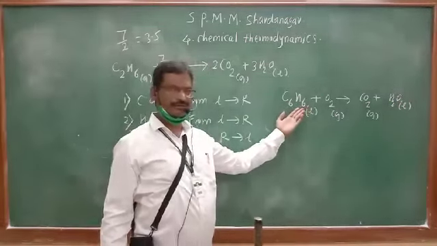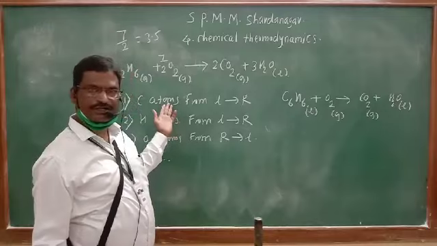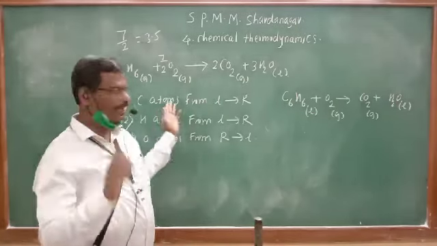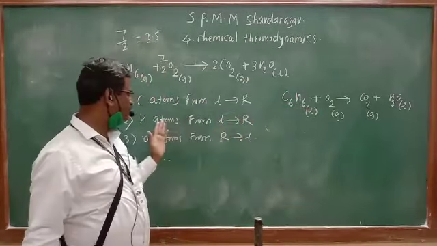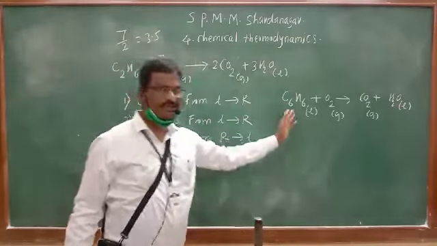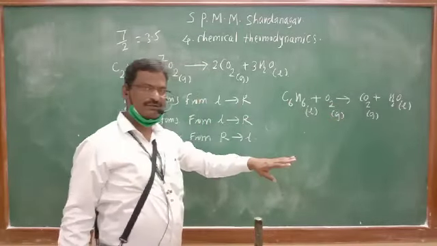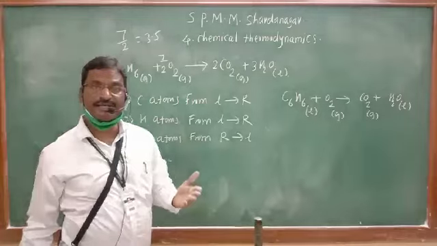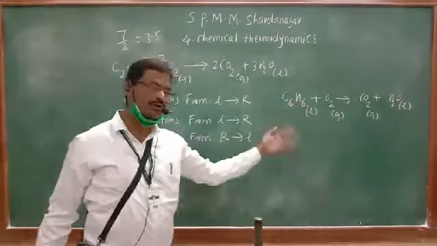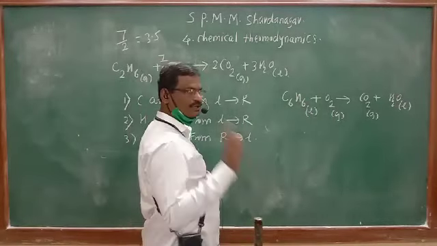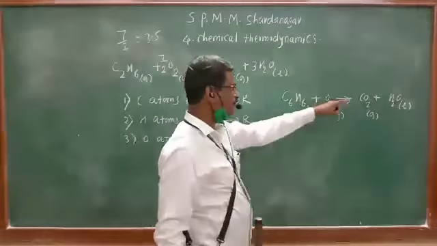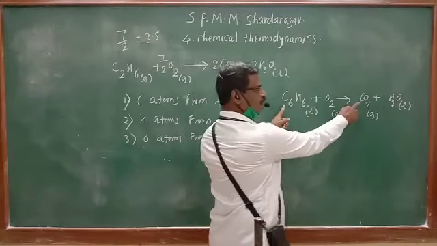Balance this reaction using these rules. First rule, balance the carbon atoms from left to right. Secondly, balance the hydrogen atoms from left to right. And third, balance the oxygen atoms from right to left. So first of all, carbon from left to right: 6. Here it is only 1.